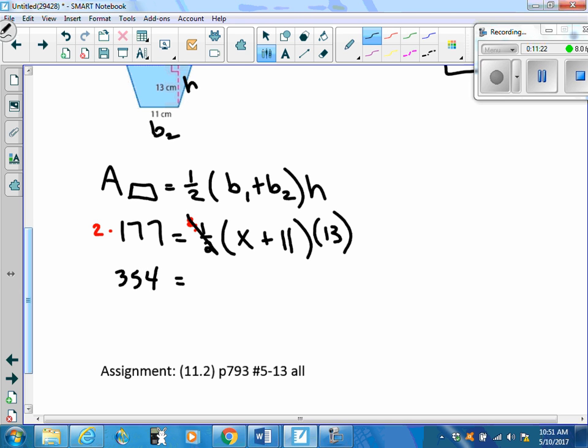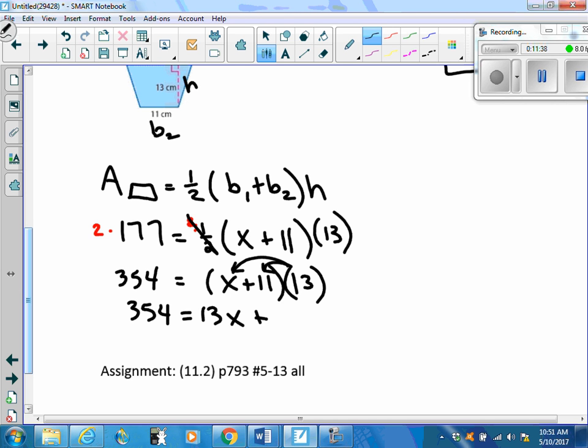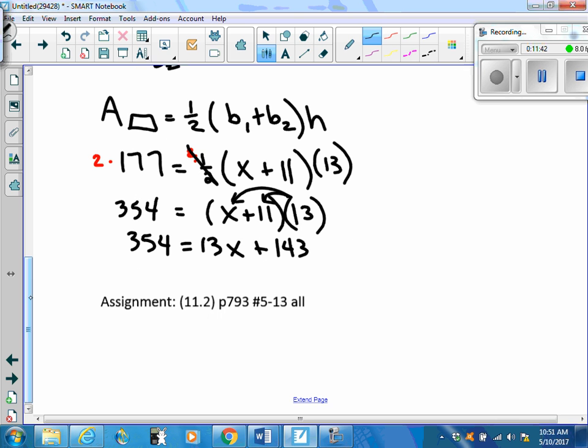And that leaves me with x plus 11 times 13. It doesn't matter that our monomial, our 13, is on the right side. We're still going to distribute that. So 354 equals 13x plus, and then 13 times 11 is 143. And now we've got an equation where we can solve for x. I'm going to subtract 143 from both sides.